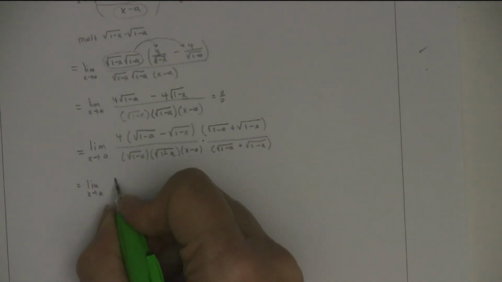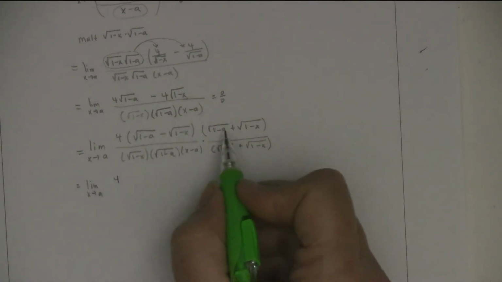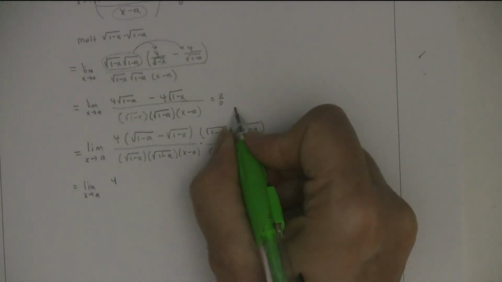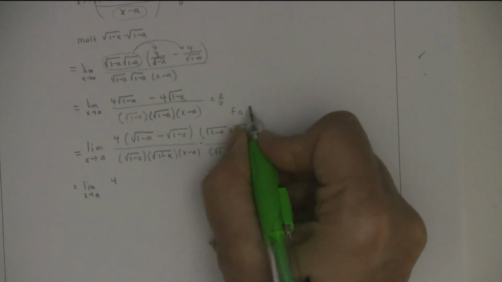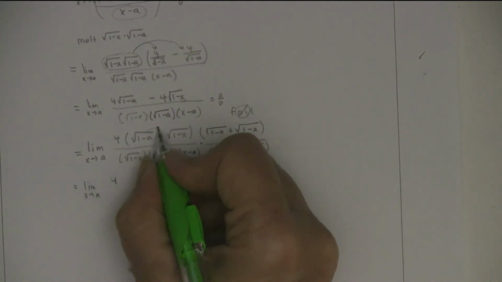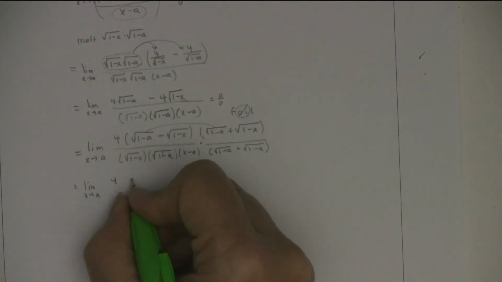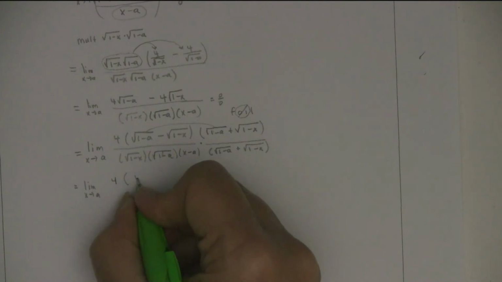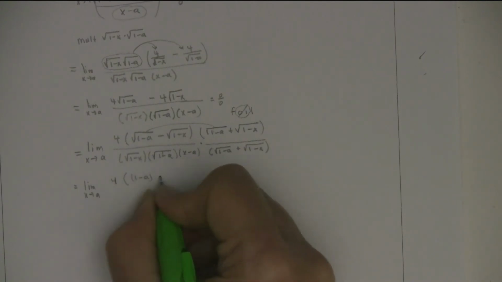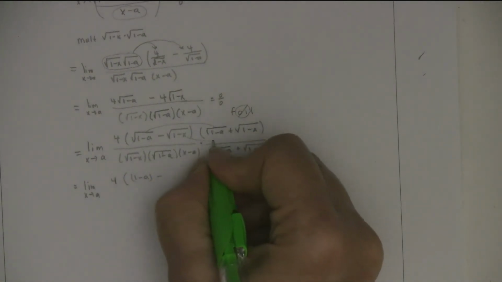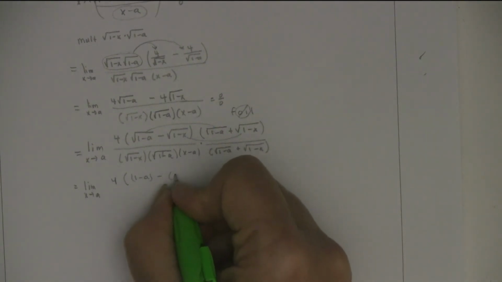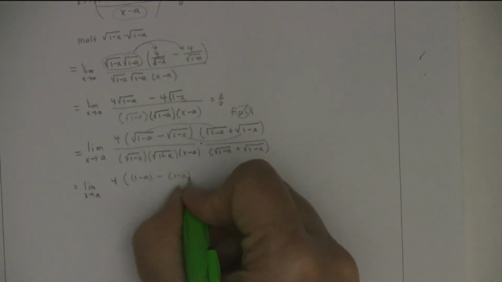And so when I multiply by the conjugate, I'm going to do FOIL, but the outer and the inner are going to make 0. So I'm really going to just focus on the first, which is 1 minus a, minus the last, which is 1 minus x.